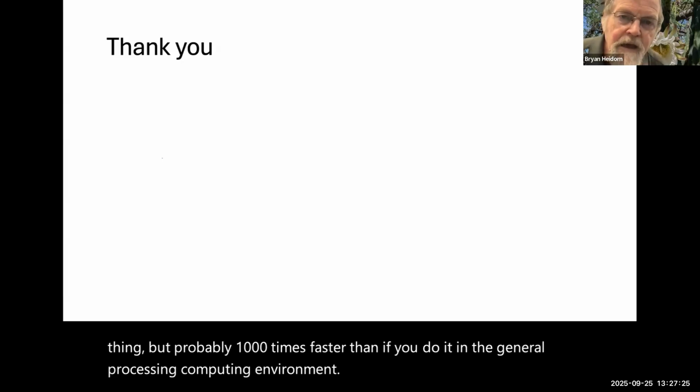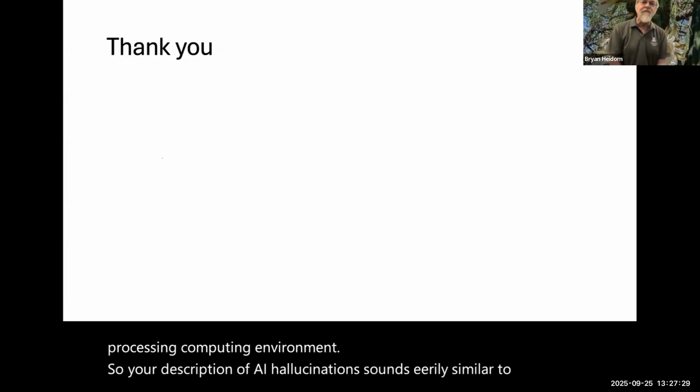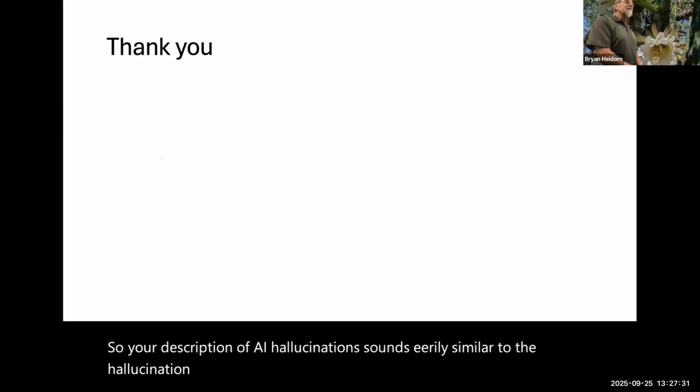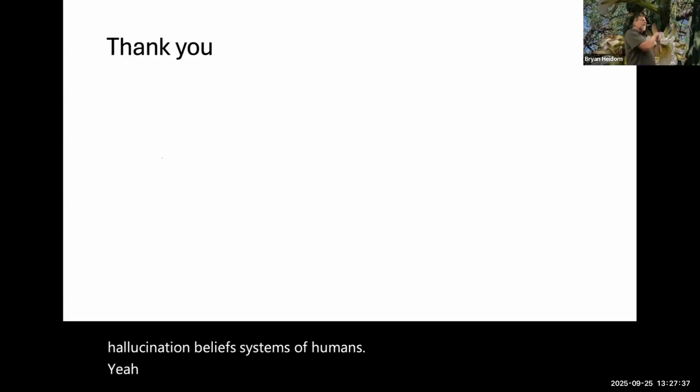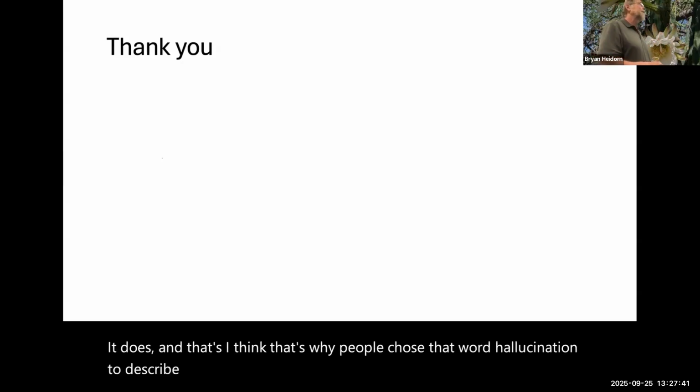Your description of AI hallucinations sounds eerily similar to the hallucination belief systems of humans. Yeah, it does. And I think that's why people chose that word, hallucination, to describe these. But what's going on is very different.